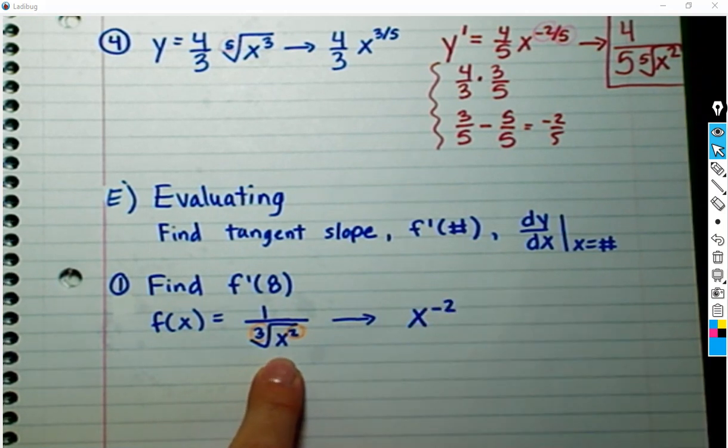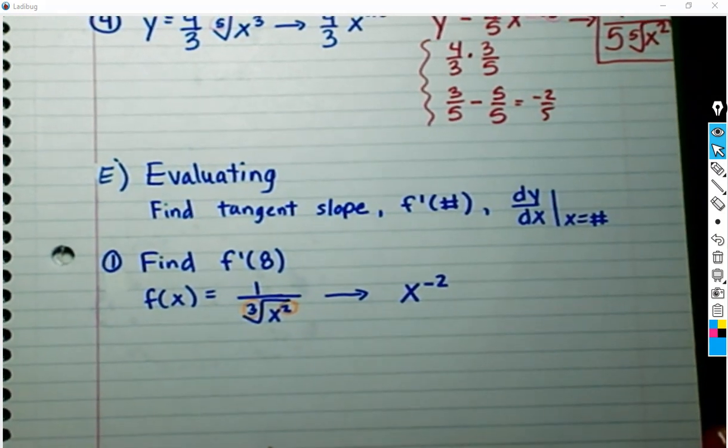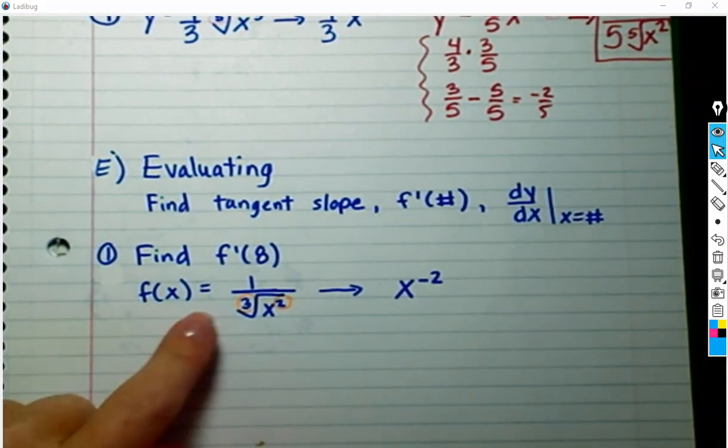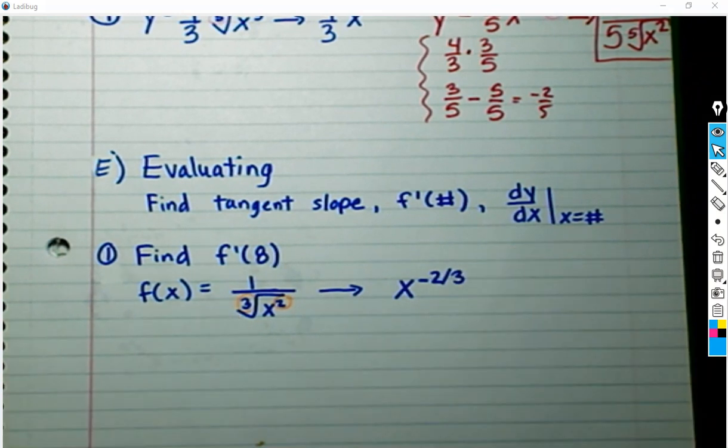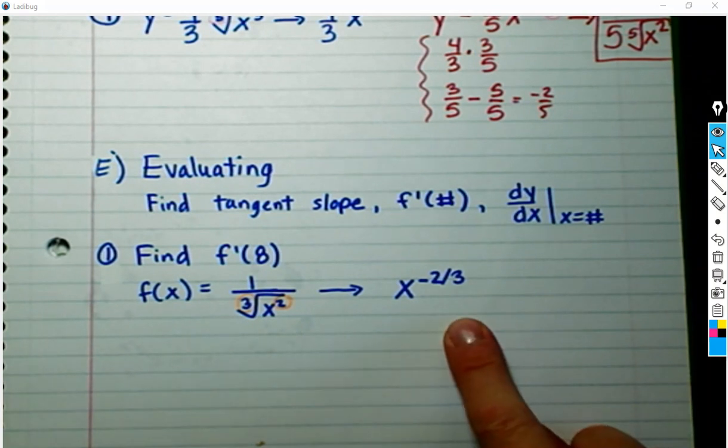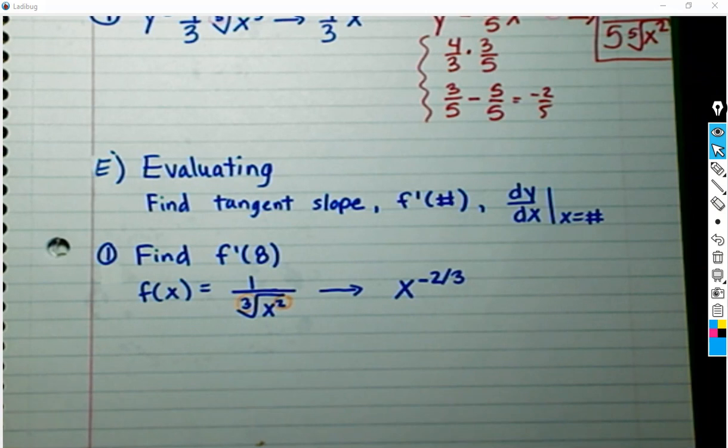So the first thing I did is I dealt with the power part. The next thing I'm going to do is I'm going to move the root. That's power format. That's what you have to have before you do the derivative.